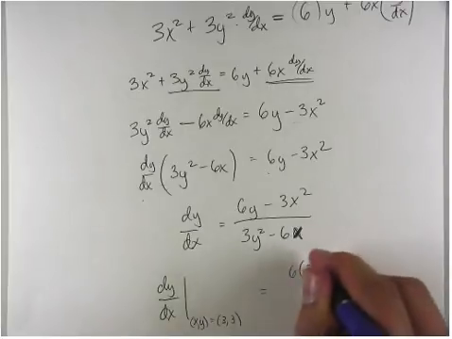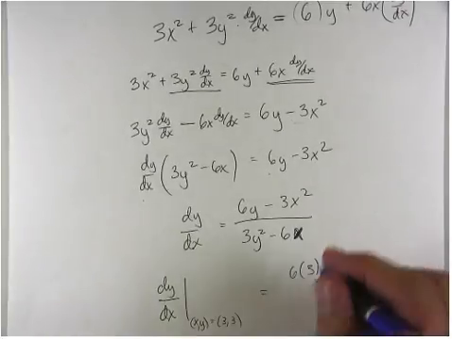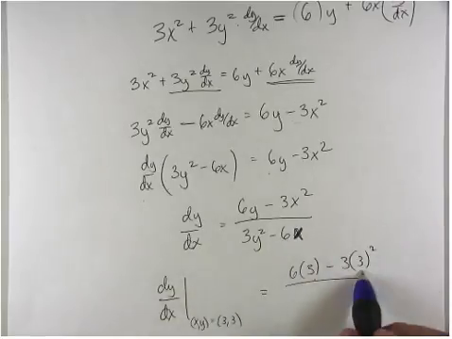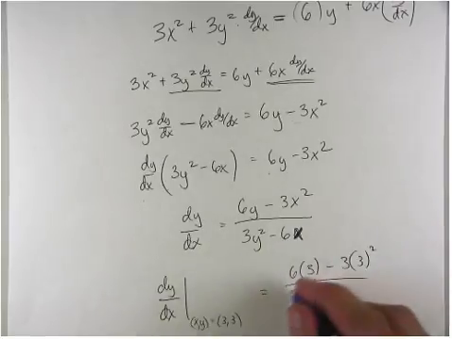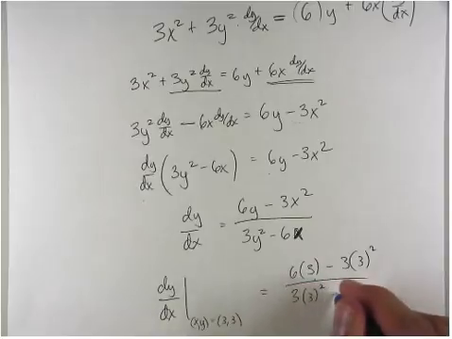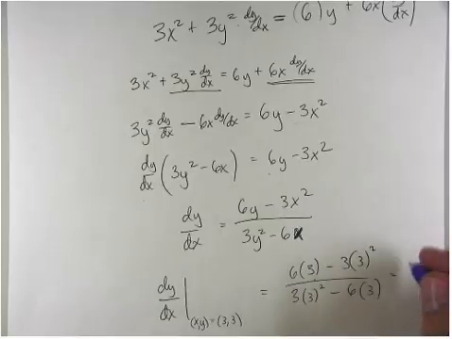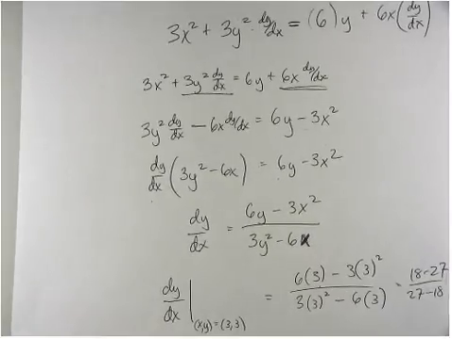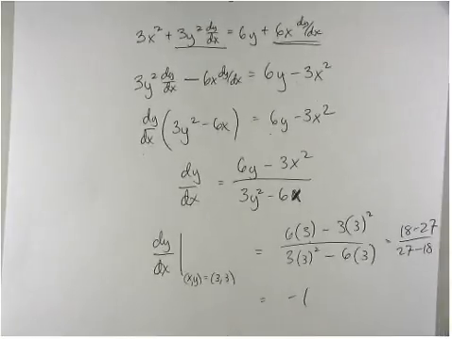So 6 times y is really 3, minus 3 times 3 squared, x is really 3 also, over 3 times 3 squared minus 6 times 3. That's 18 minus 27 divided by 27 minus 18. It's going to be negative 1. Oh, there we are, negative 1.